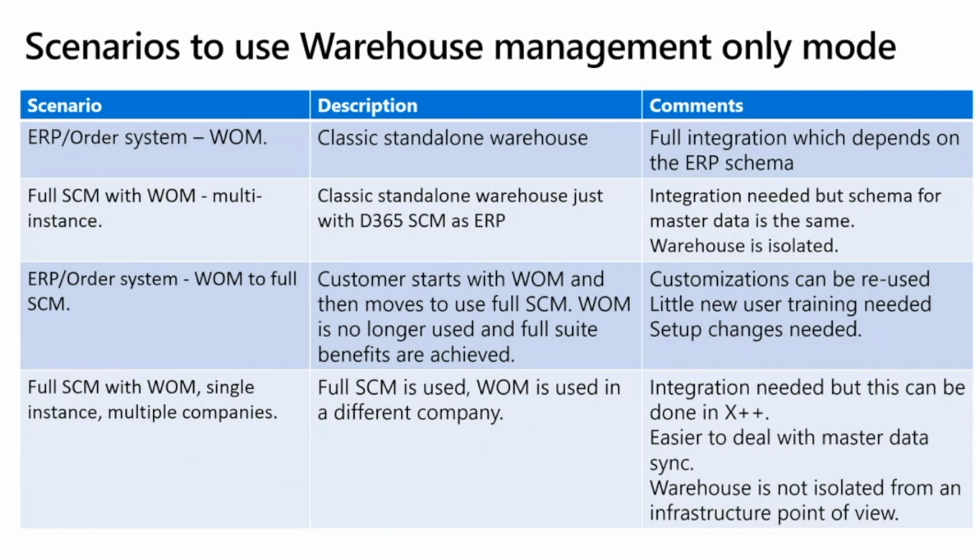And third is, let's call it, a migration scenario, starting up with an external ERP solution, having integrations to warehouse management only mode, and then following a migration to use the full supply chain suite. And then the fourth scenario, running on a single instance deployment, having multiple legal entities operating with the warehouse management only mode in its own company. But this can be combined with any of these and probably a lot more.